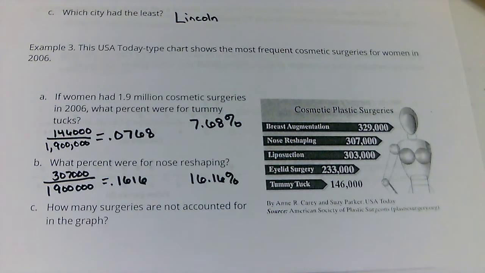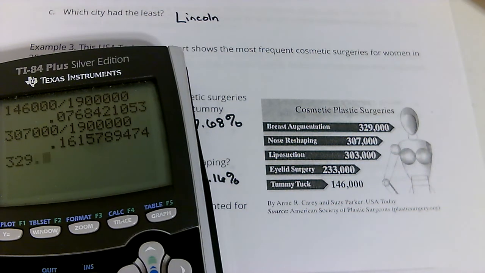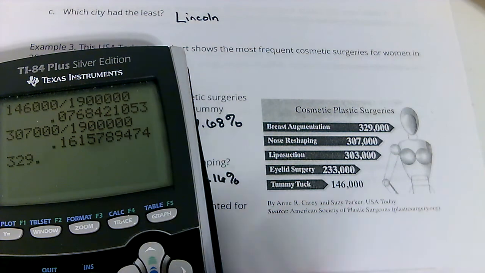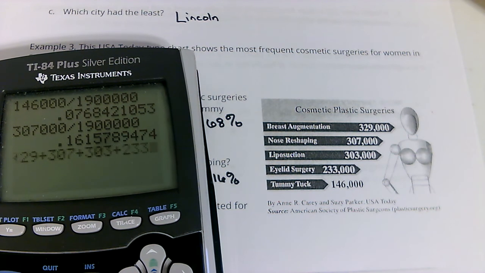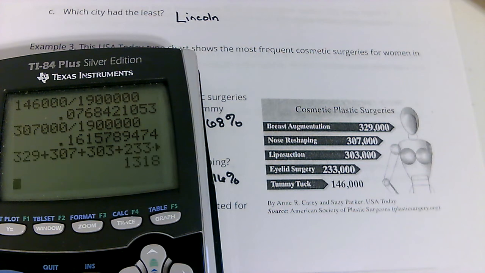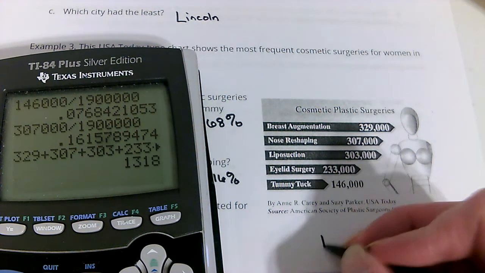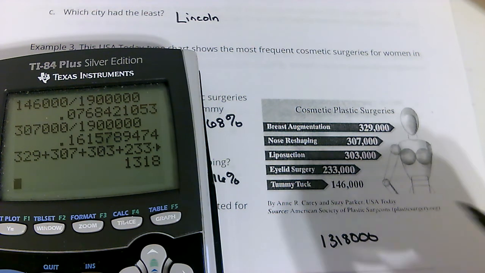How many surgeries are not accounted for in the graph? So what if we added up all these surgeries? Well, since they're all in thousands, I'm just going to do 329 plus 307 plus 303 plus 233 plus 146, and I get 1,318,000, right?